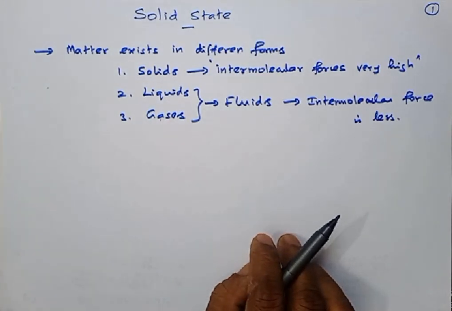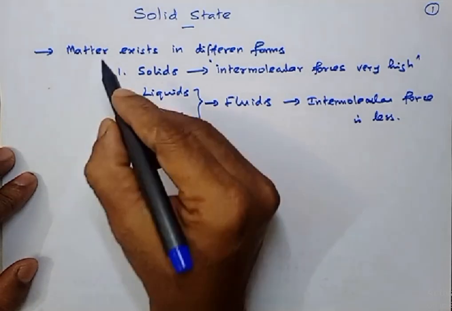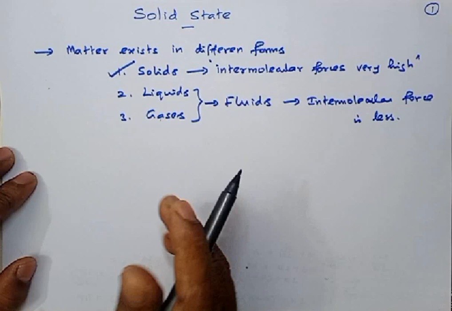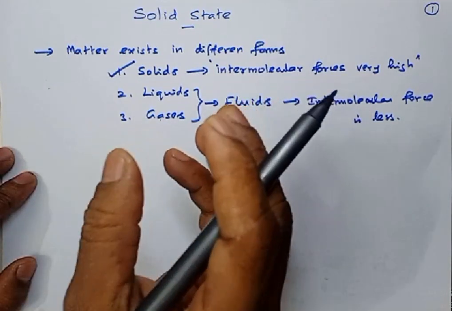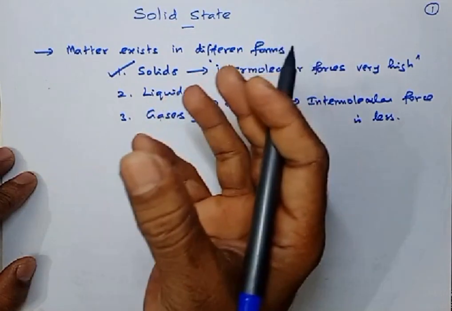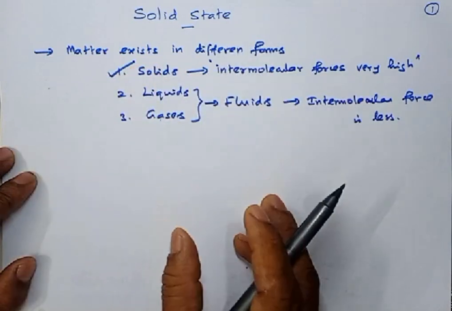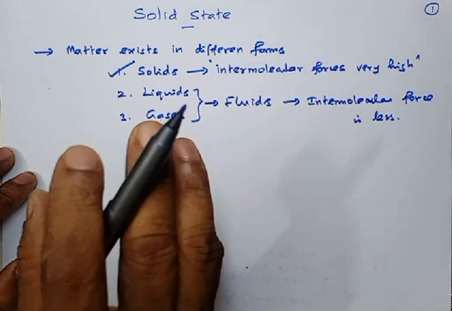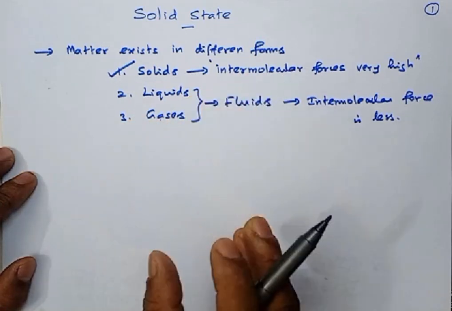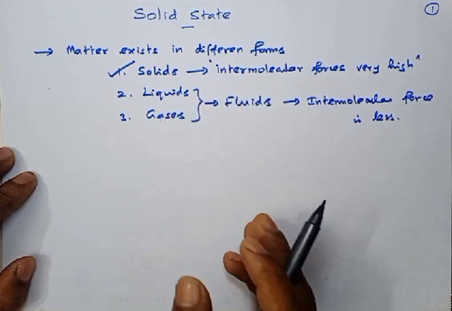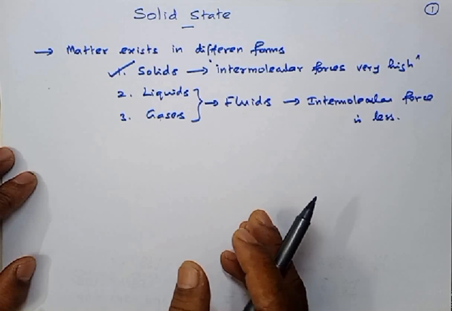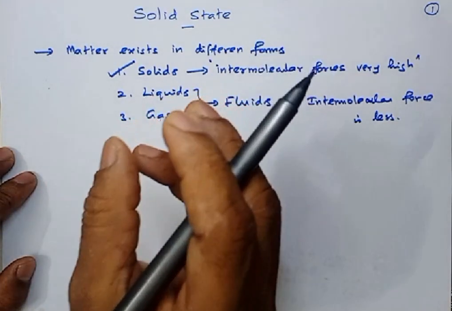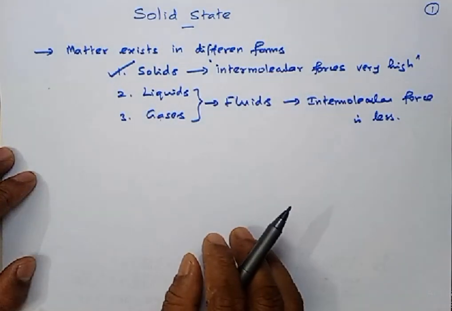In this chapter we are going to focus mainly on solids, structure of the solid, and what information is available about solid structure. Then we are going to discuss how to identify the structure of solid using different techniques that are available. Okay, then we are going to see some of the important aspects of solid state, right?